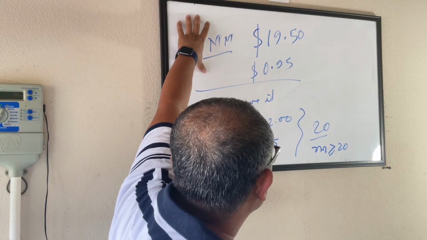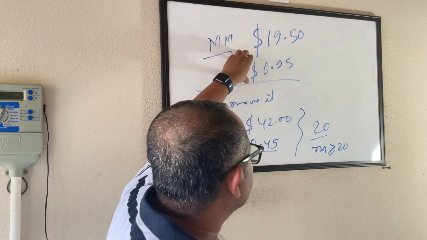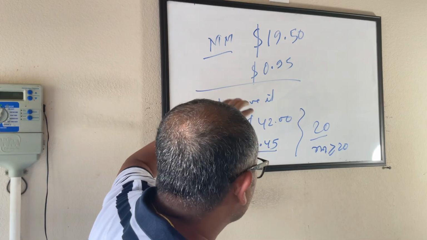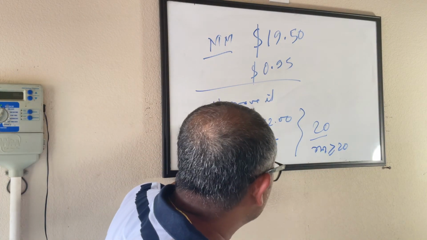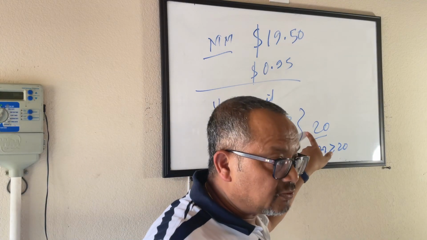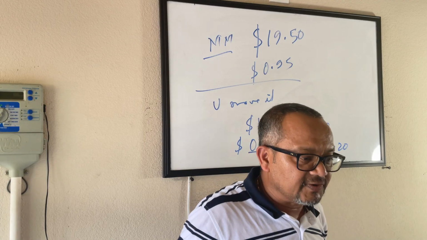One company charges $19.50 for rental, and then a flat rate per mile. The second company charges $42 for the rental, and then 0.45 per mile over 20 miles. So up to 20 miles it's free.